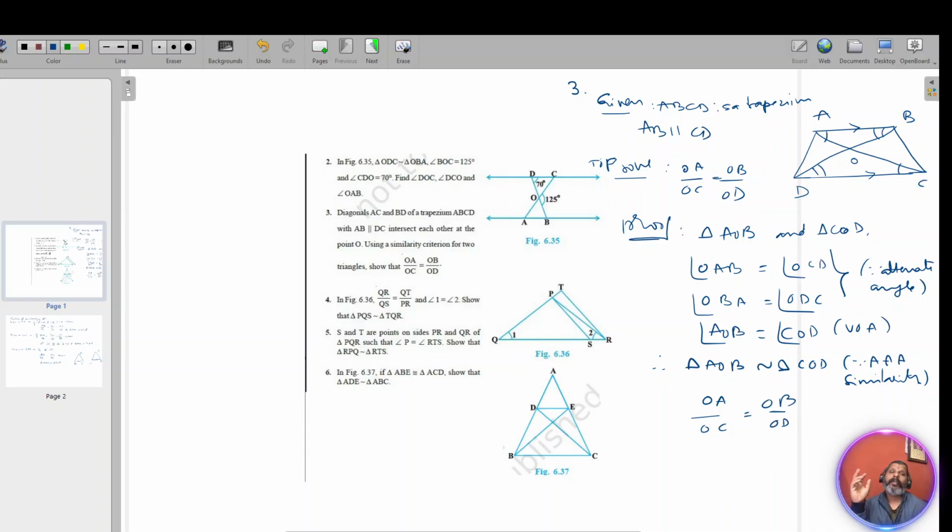If you remember, in congruent triangle concepts we used to write CPCT, corresponding parts of congruent triangles. Here, it changes to corresponding parts of similar triangles. Remember that. Okay. You write the complete statement there. Corresponding sides of similar triangles. Okay.